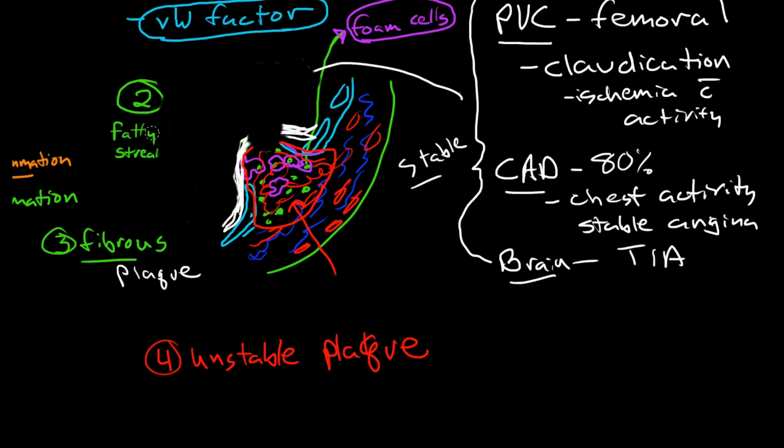This fibrous plaque breaks, and this big inflammatory stew is suddenly open to all the inflammatory proteins that are part of the bloodstream that are always inactivated, and they all of a sudden become activated. We activate coagulation factors, we activate platelets, and we end up with this big clot starting to form.